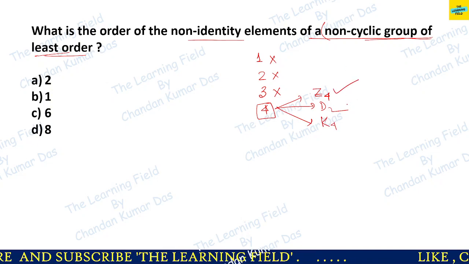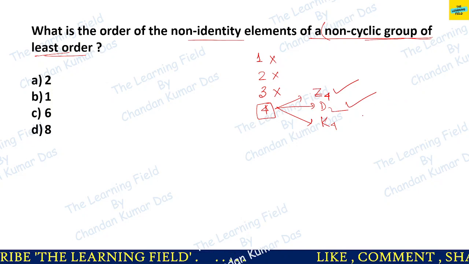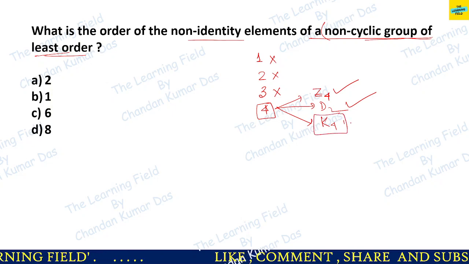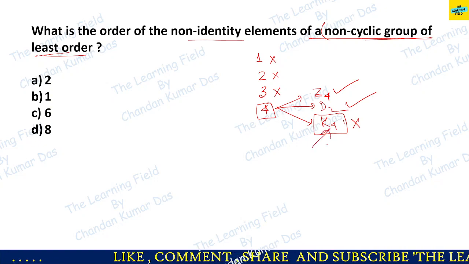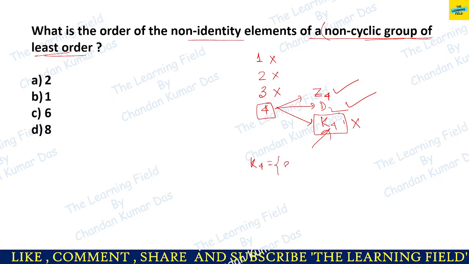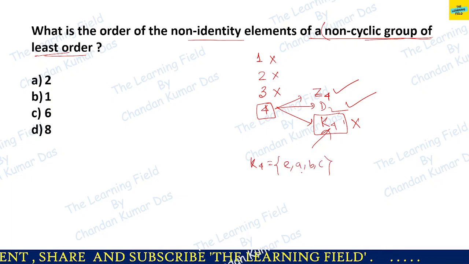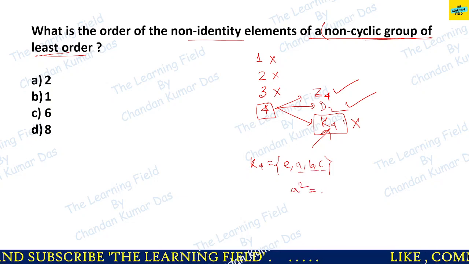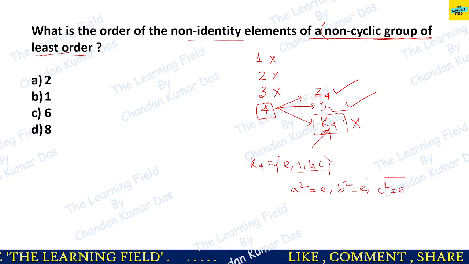Look, this one is cyclic, and this one is also cyclic. Whereas this K4 is not a cyclic group. So this question is based on the Klein 4 group. We know that the elements of the Klein 4 group are E, A, B and C. All the non-identity elements, that is A, B and C, satisfy A square equal to E, B square equal to E and C square equal to E. This is in the definition of the Klein 4 group.